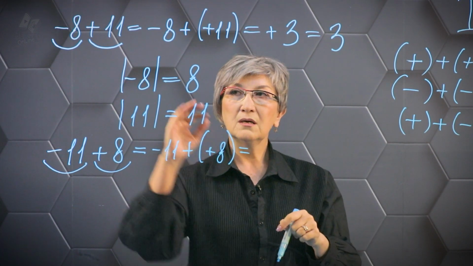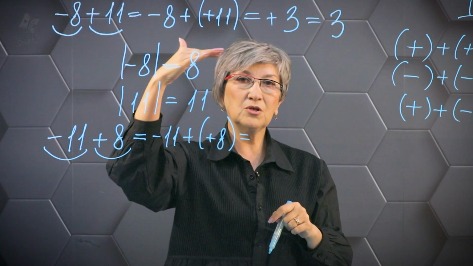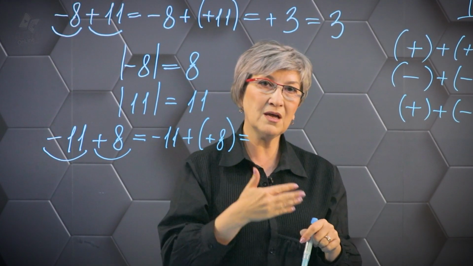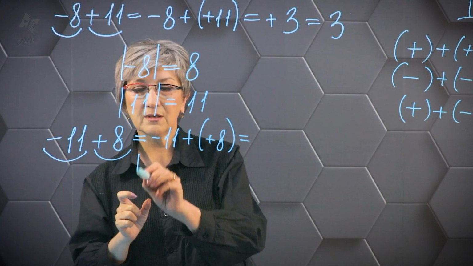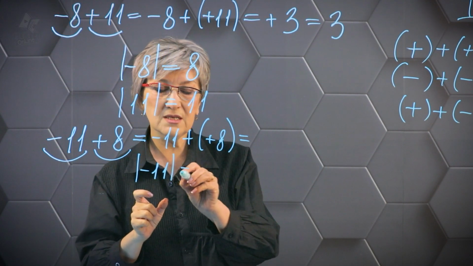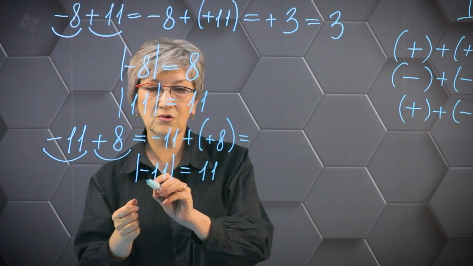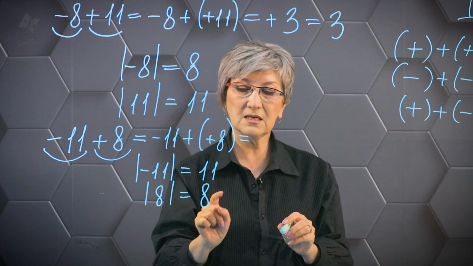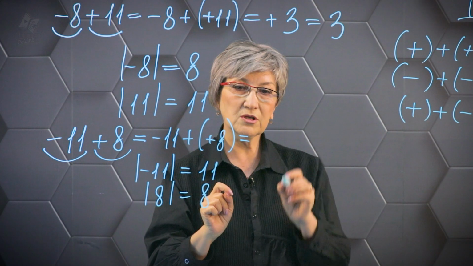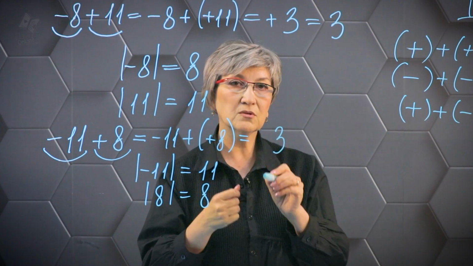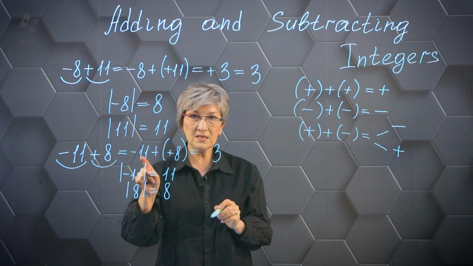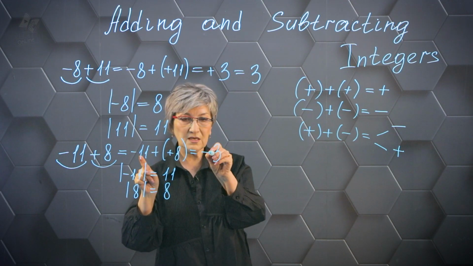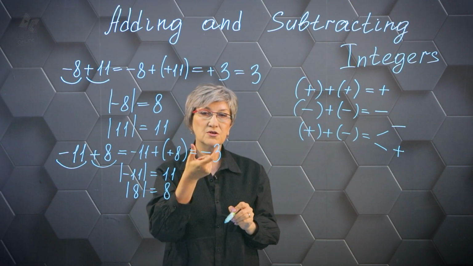By the rule that I used in the previous example, I subtract the smaller modulus from the larger modulus. Determine the moduli. The modulus of the number -11 is 11, and the modulus of the number 8 is 8. Then from 11 I subtract 8. The result is the number 3. But the number 11 was written with a minus sign, so I put a minus sign in the answer. The answer is minus 3.